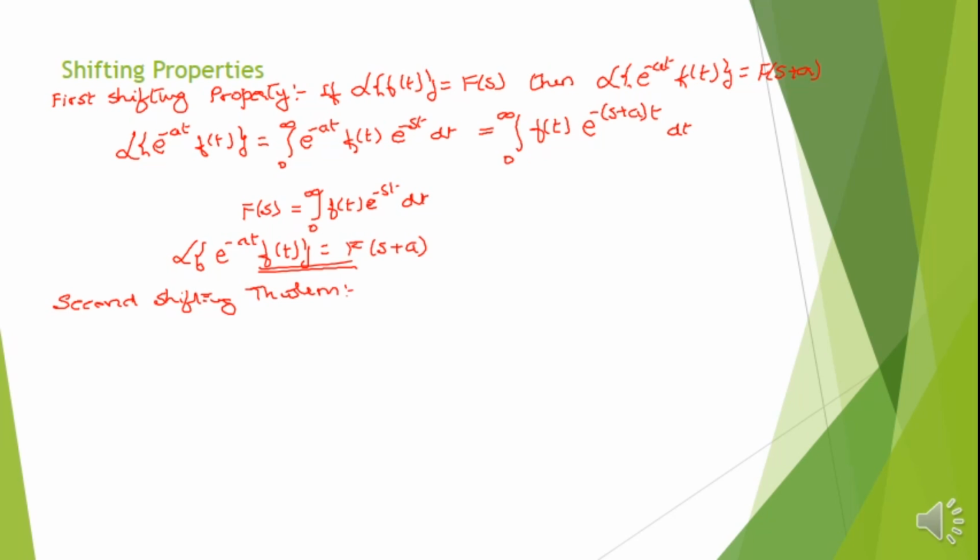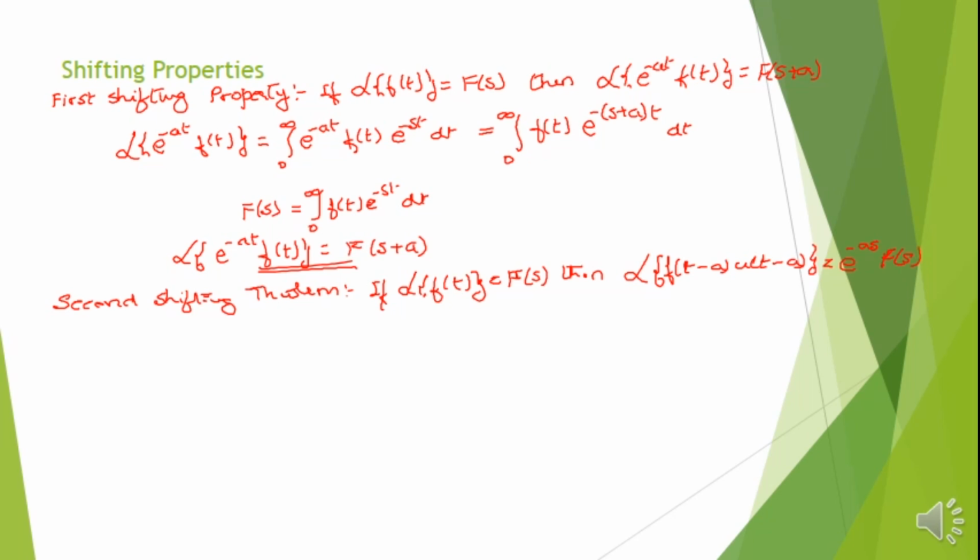Now the second shifting theorem. According to this, if Laplace transform of f of t equal to F of s, then Laplace transform of f of t minus a u of t minus a equal to e power minus as F of s.